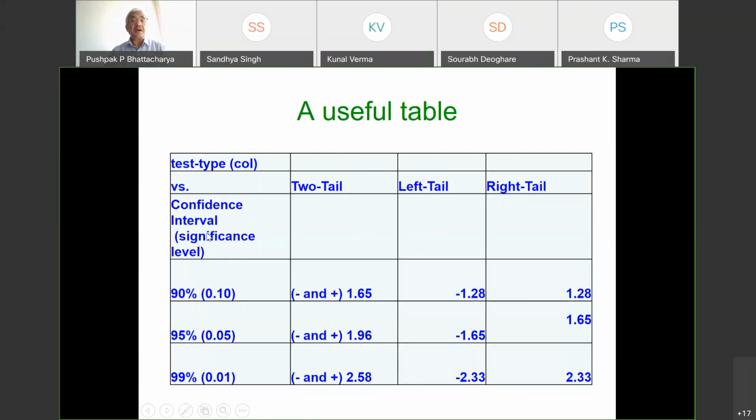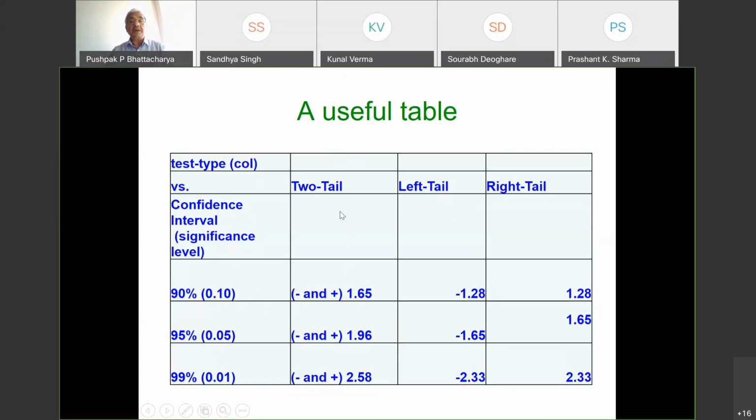And the rows are confidence intervals, equivalent to significance level also. So if the confidence interval is 90%, then we are prepared to tolerate an error of 10%. The significance level is 0.10. For a 95% confidence interval, the significance level is 0.05, and for 99%, 0.01.